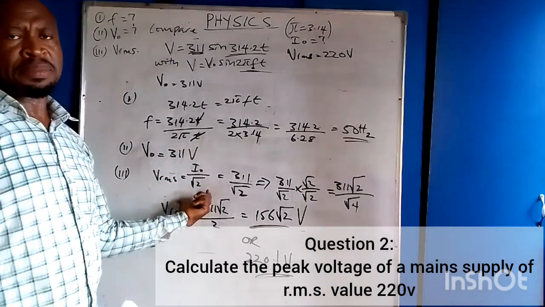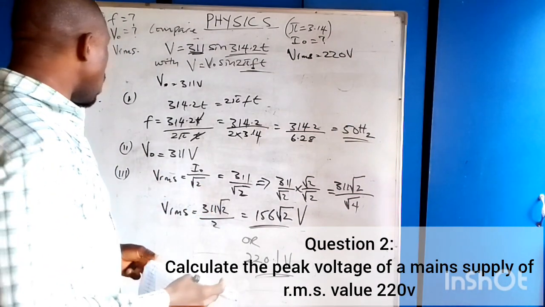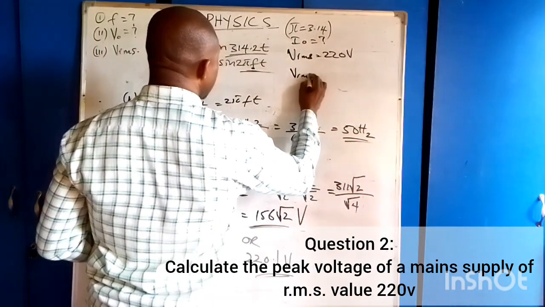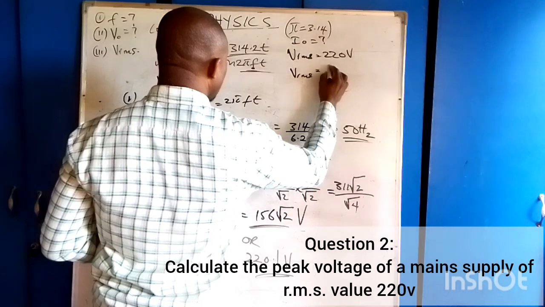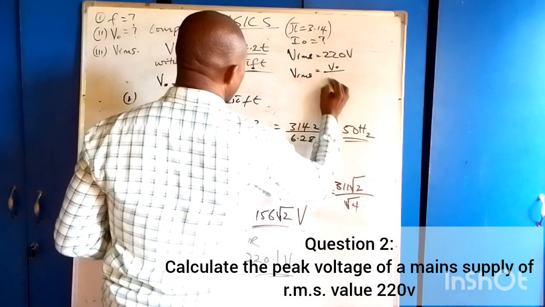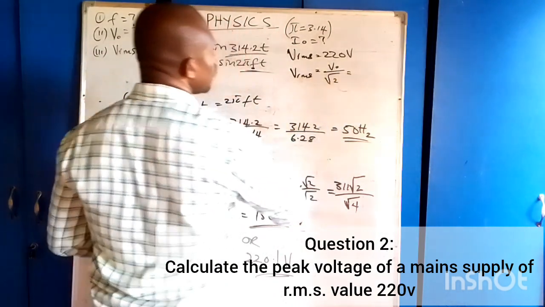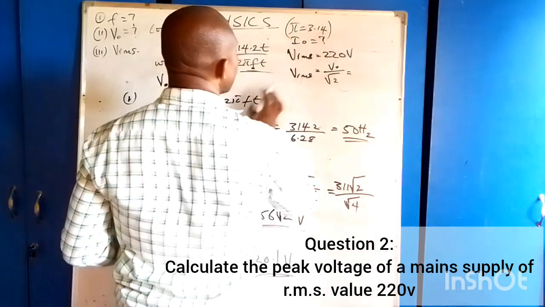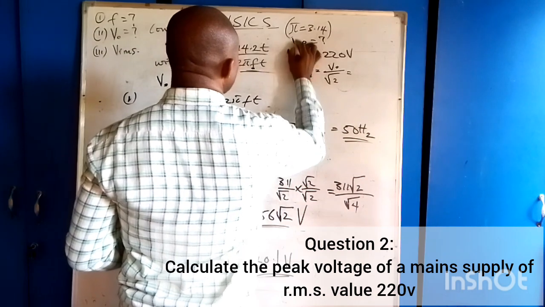Now, this equation can give us VRMS is equal to V naught all over square root of 2. And of course, we are looking for the V naught, please, not I naught.